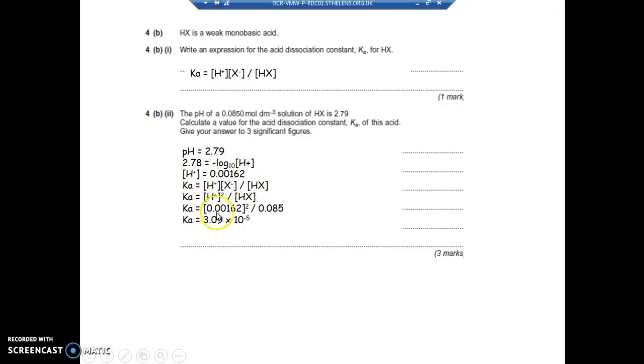You've worked out H plus, you're given HX in the question, you divide the two, and it gives you Ka 3.09 times 10 to the minus 5.